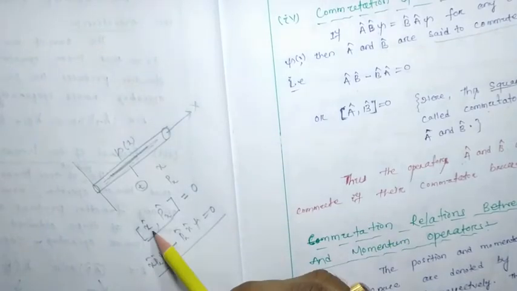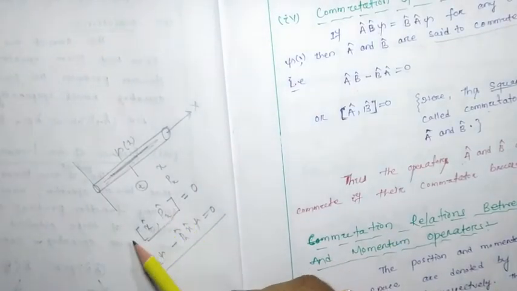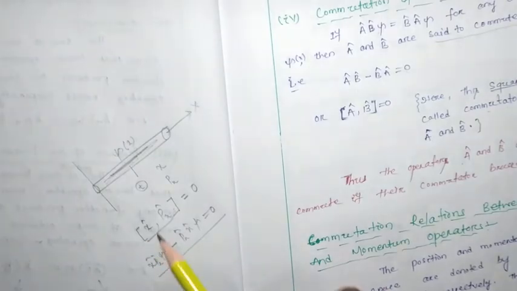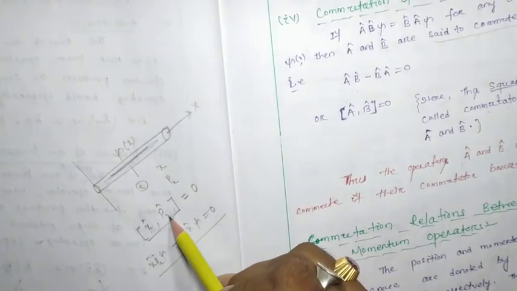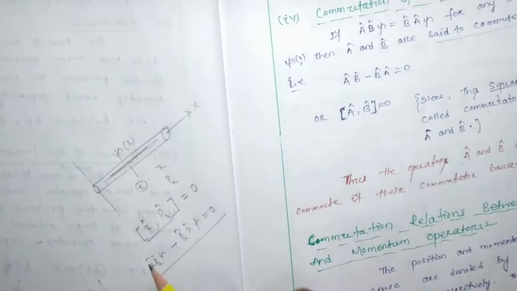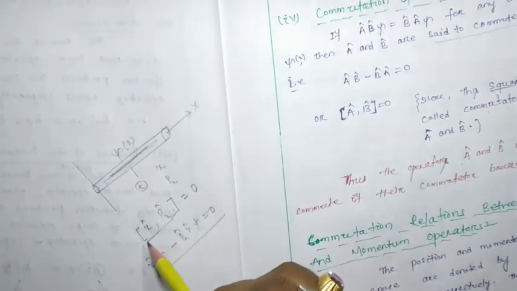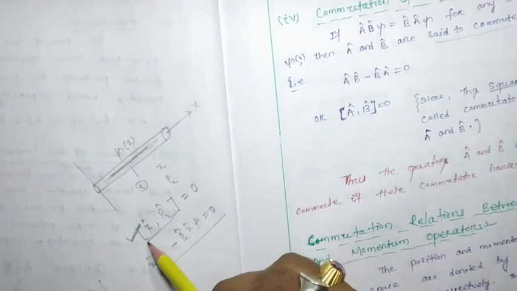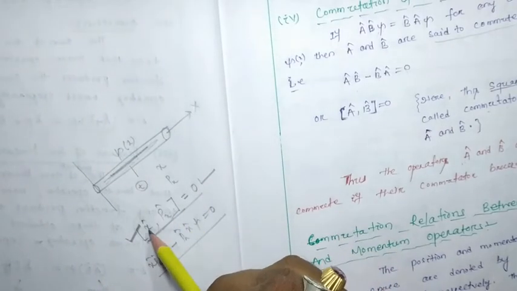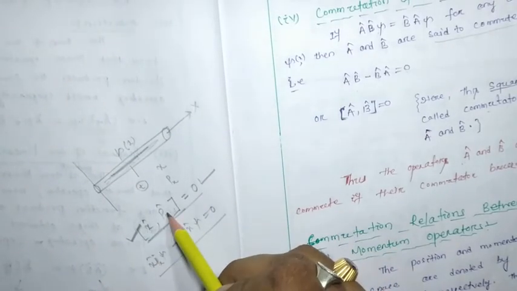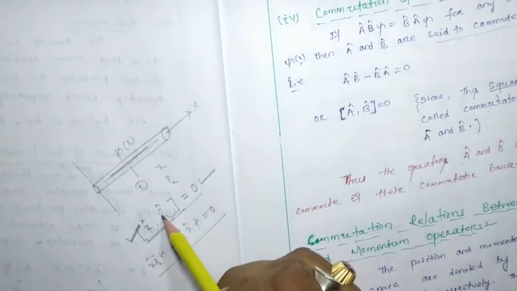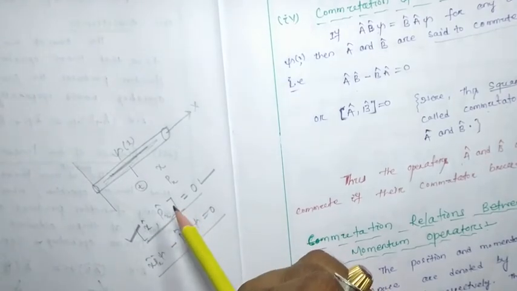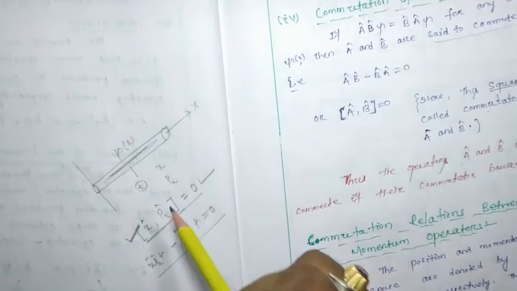That means we can say x and px both commute with each other. Here commute means, listen carefully, at a time both position and momentum can be measured accurately. If two observable operators commute with each other, the two observables can be measured at a time accurately.